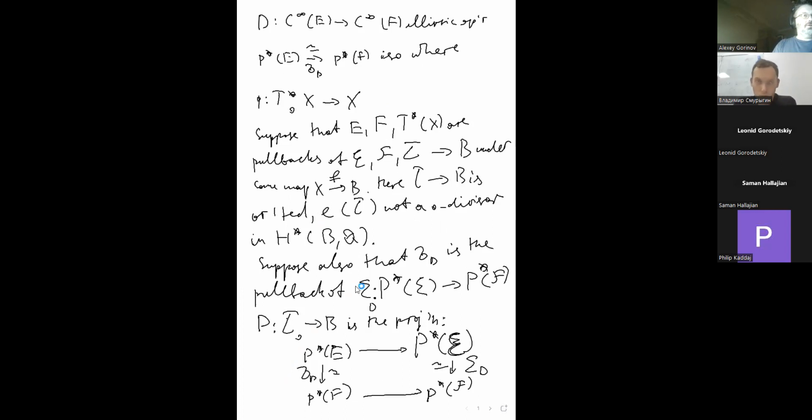This element, capital sigma d, is constructed in question 8. And B, in our case, will be BSO(M).